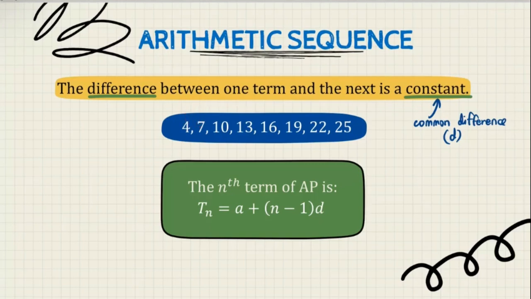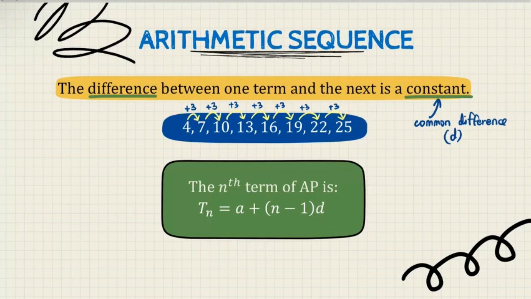Betul tak? From 7 to 10, plus 3 again. Sama juga. 10 to 13, 13 to 16, 16 to 19, 19 to 22 and 22 to 25. All this kita akan plus dengan 3.